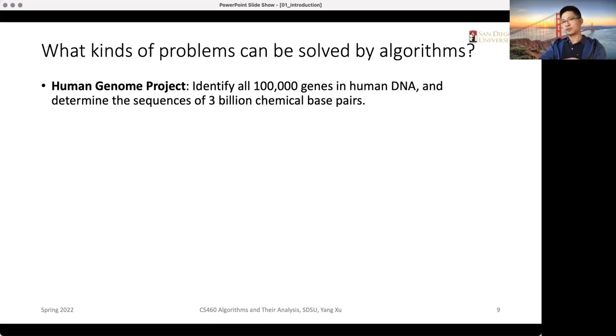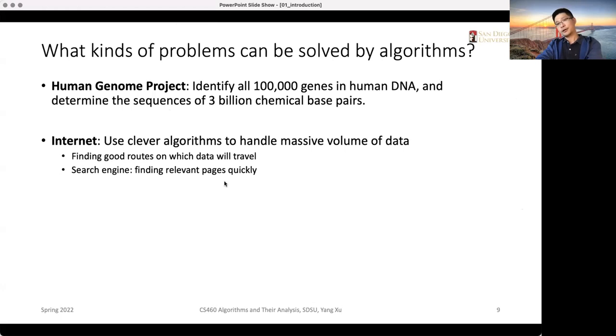But within that process, we need to explore algorithms that can efficiently compare, for example, the similarity or the distance between 2 segments of DNA. That is an example of the typical dynamic programming algorithms that we will introduce.